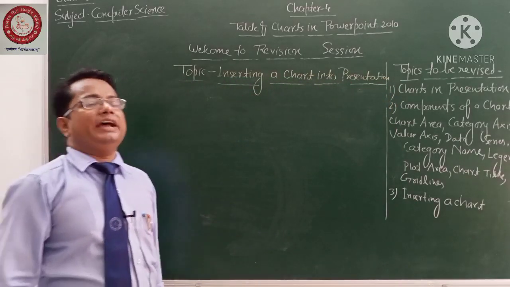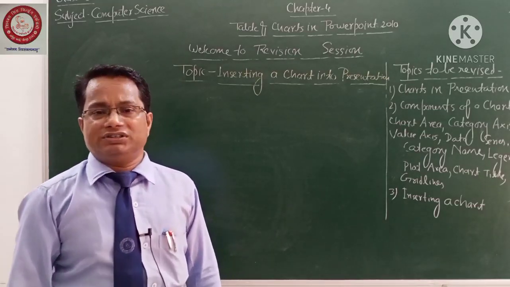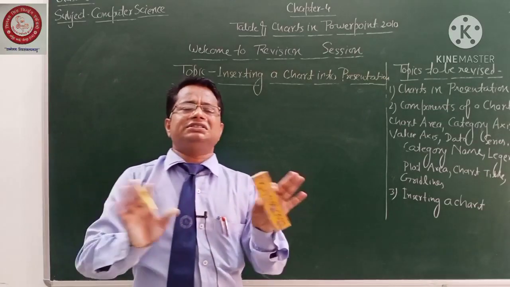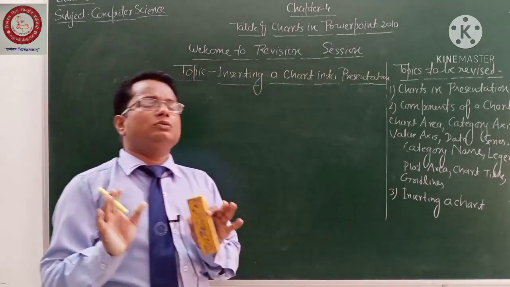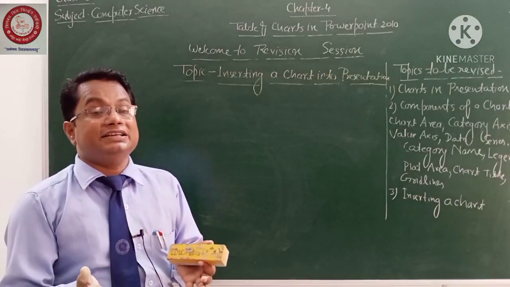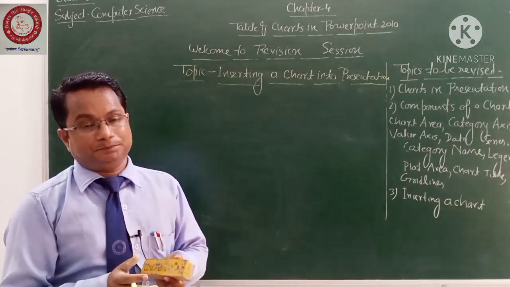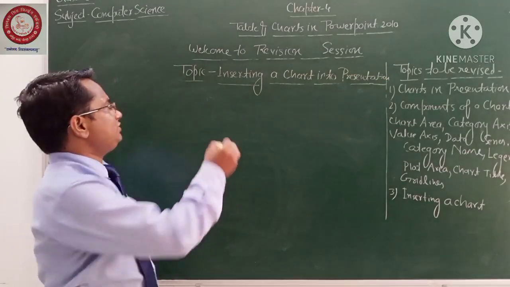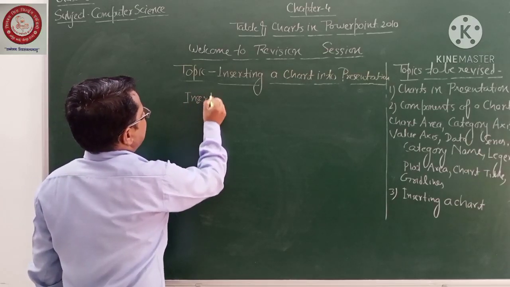So how are we going to do that? Students, if you are using your 2010 version or 2007 version, the process is approximately the same, but you have to know where I can click so that I can get the chart button. Very simple. First, in your menu bar there is an insert tab.